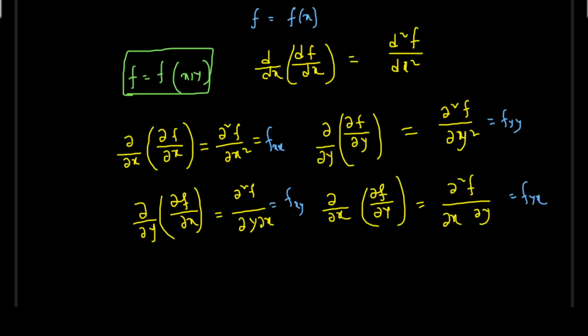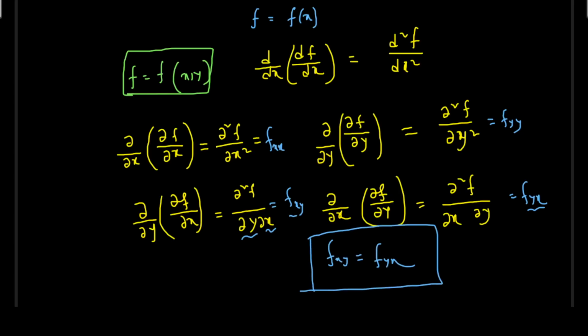Please remember the notation is reversed: if we have del 2f del y del x, we denote it as f xy, and if we have del x del y, we denote it as f yx. These are the notations and some basic things about partial derivatives. In all ordinary cases, you can easily prove that f xy is equal to f yx.